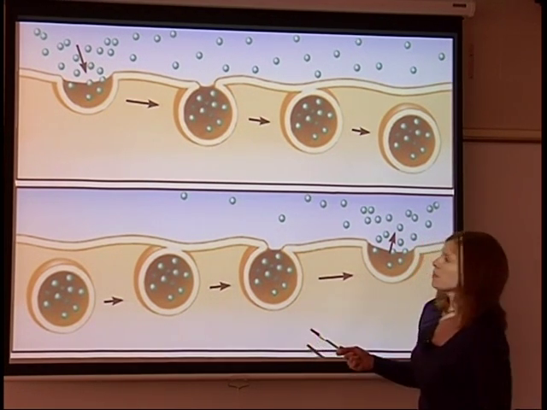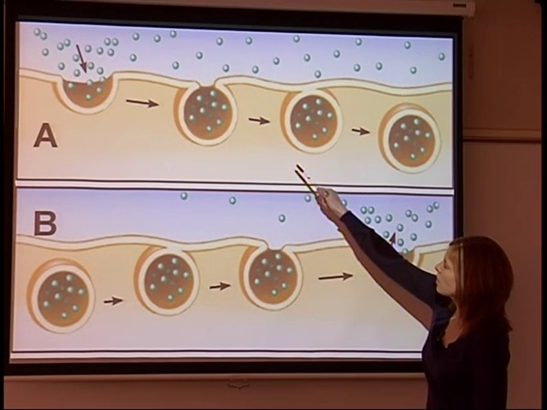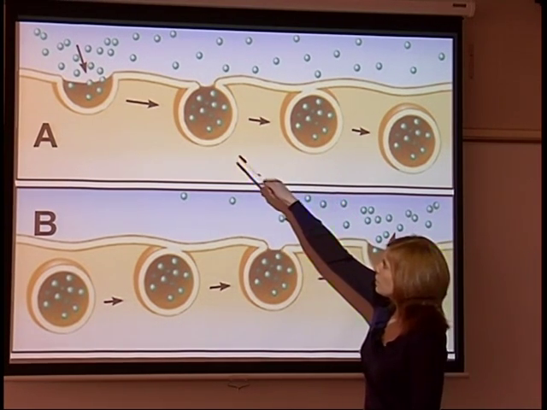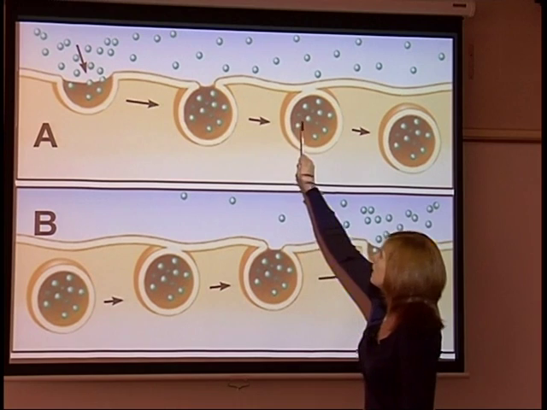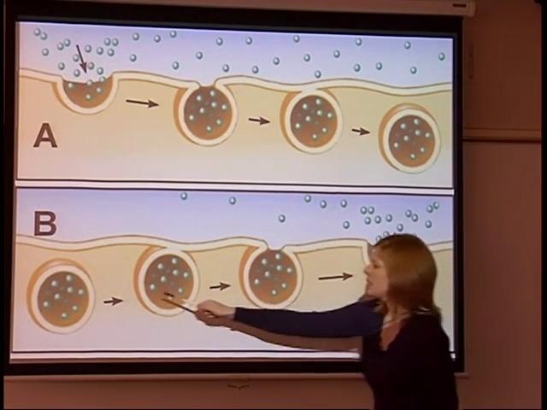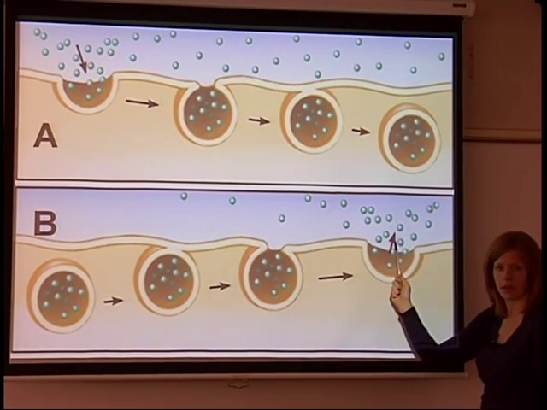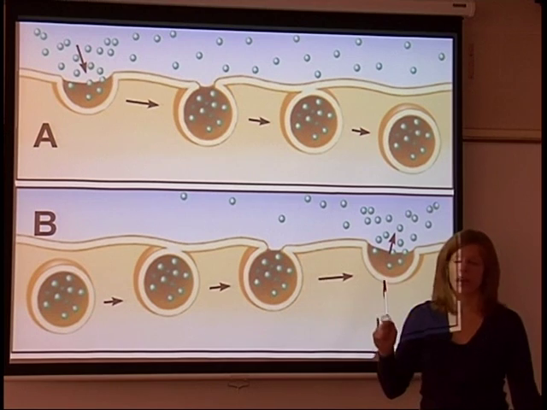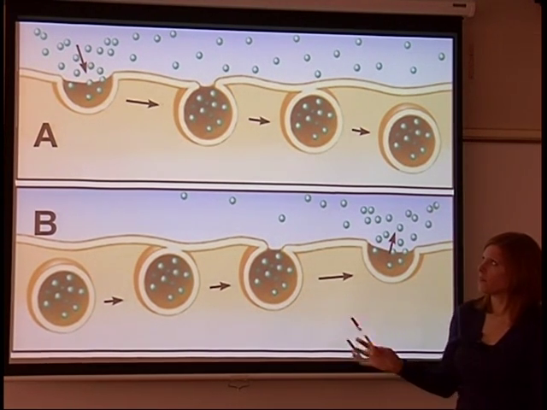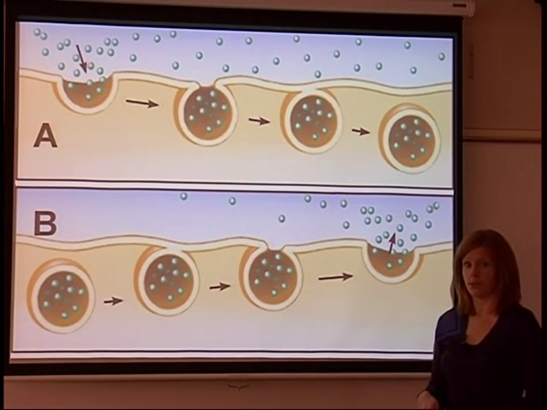These two diagrams are showing us, A up here is showing endocytosis, where those large particles are coming into and becoming a part of the cell through the cell membrane. And B here is showing the particles being expelled, so this one will be exocytosis. Even though it's a little different than the previous picture we just saw, it requires energy for the cell to do these processes.